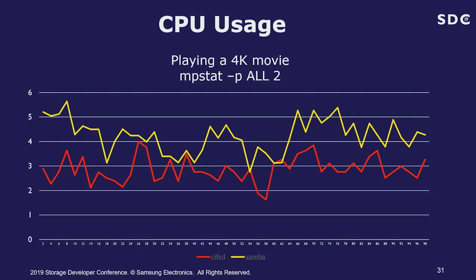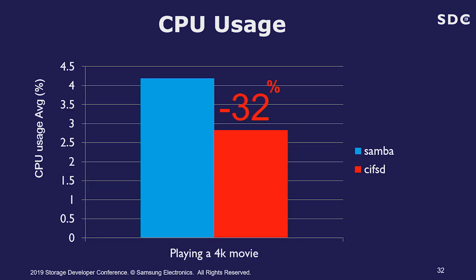In comparison, CIFSD CPU usage swings between 1.7% and 3.7%. After playing the movie for about 10 minutes, the CPU usage average of CIFSD was 2.8%, while the CPU usage of Samba was 4.2%. We conclude CIFSD average CPU usage is 32% lower than Samba.